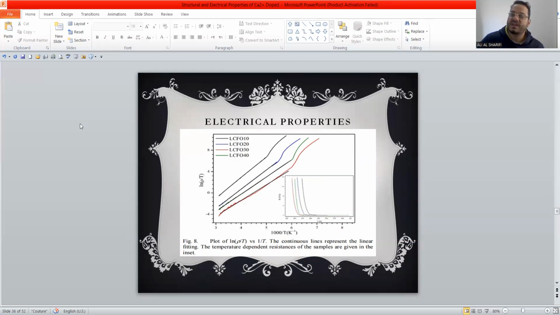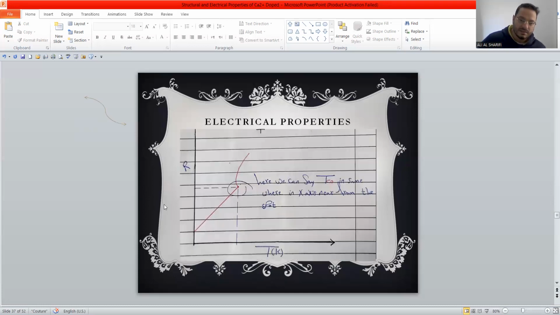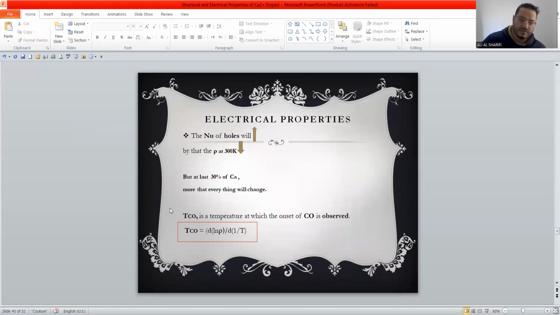At first, let me say what the charge ordering temperature equals: the derivative of ln resistivity divided by the derivative of the reverse of the temperature.